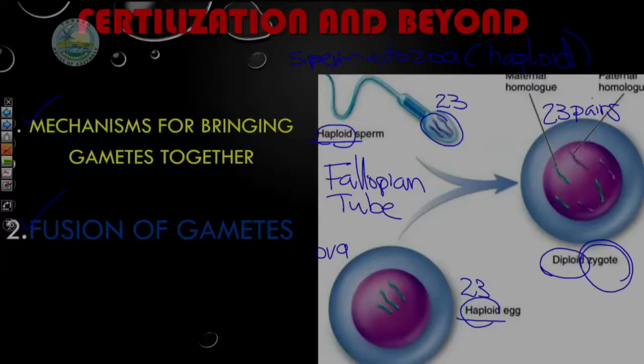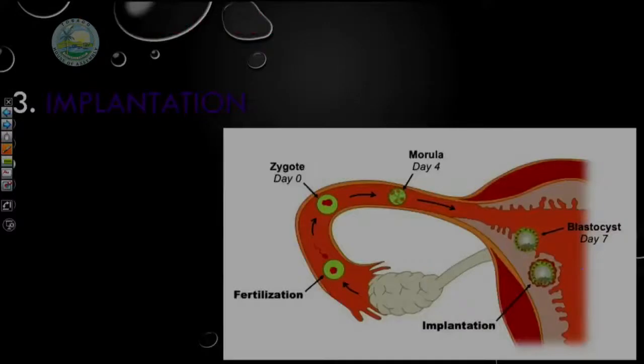So for humans, that has to be 23 pairs. After fertilization, that zygote, which started in the fallopian tube, will continue on its journey. Remember, it was on its way to the uterus.